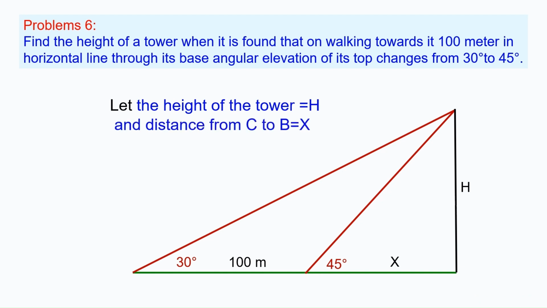Let the height of the tower equal h, and the distance from C to B equal x.